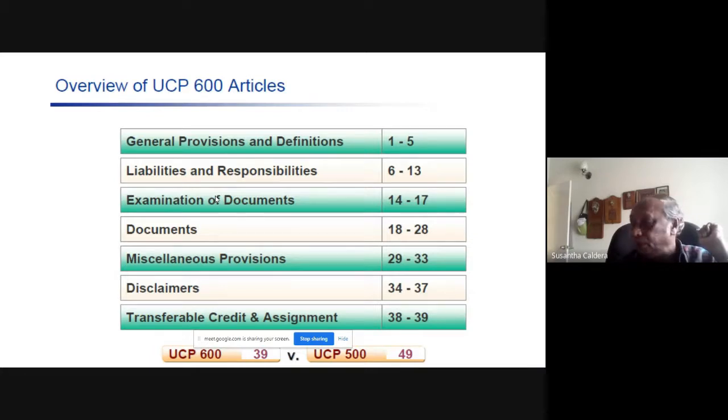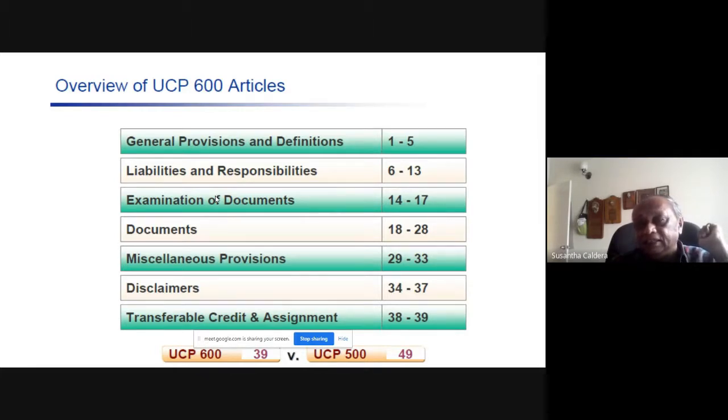In an overview of the UCP 600 articles, the general provisions and definitions are Article 1 to 5. Then the liabilities and responsibilities of the banks are from Article 6 to 30. Examination of documents is very, very important: Article 14, 15, 16, and 17.